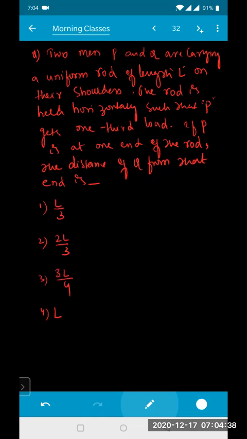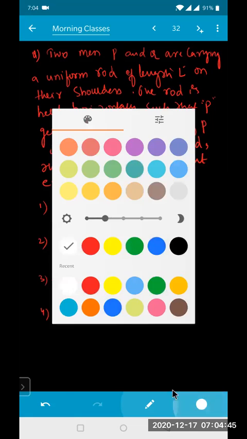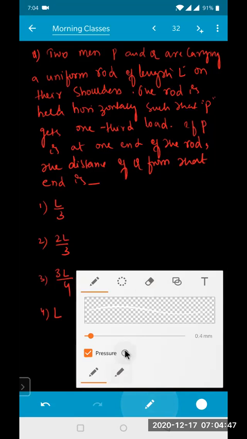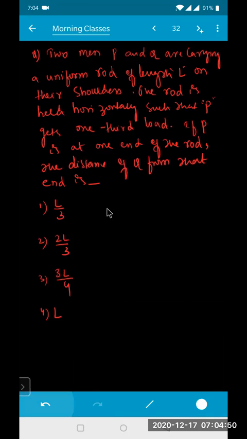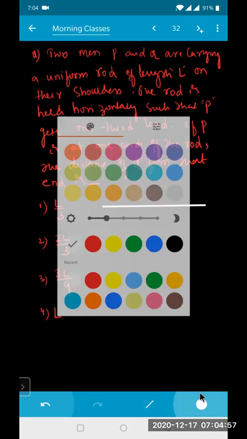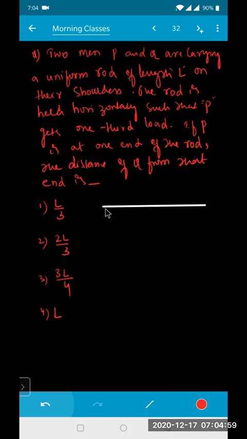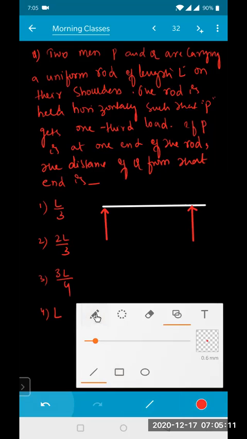So we got two men P and Q who are carrying a uniform rod of length L. If I draw the diagram for this, this is your rod, P and Q. One person on the shoulder is exerting a force of W by 3, and the other end is exerting a force of 2W by 3.